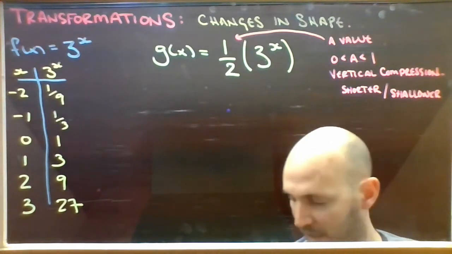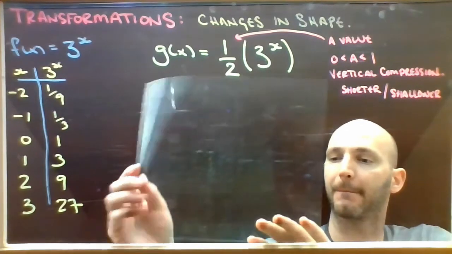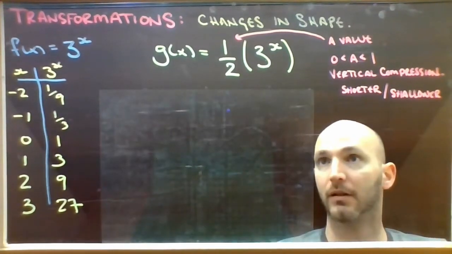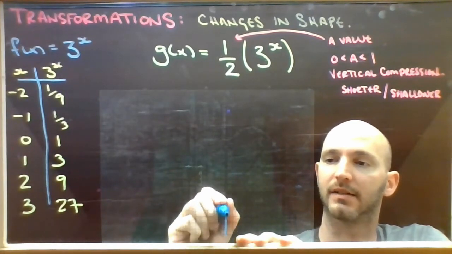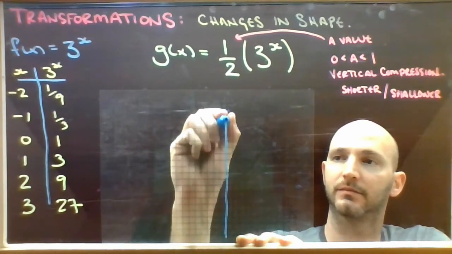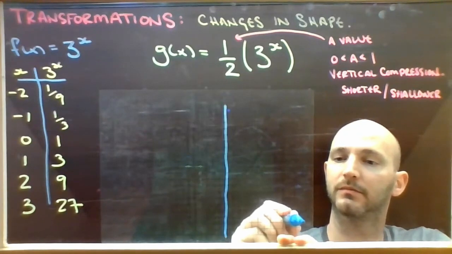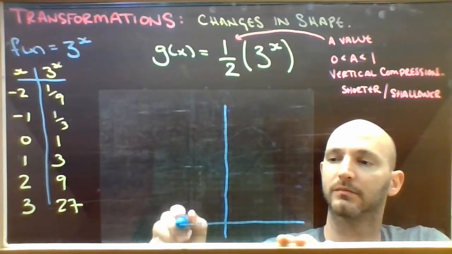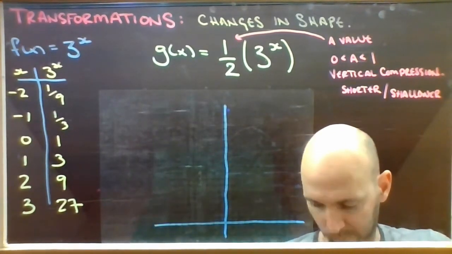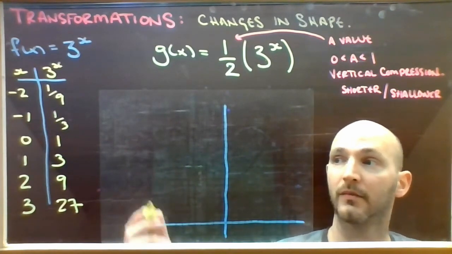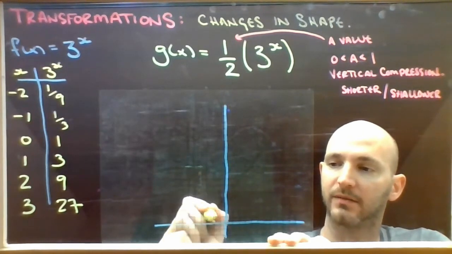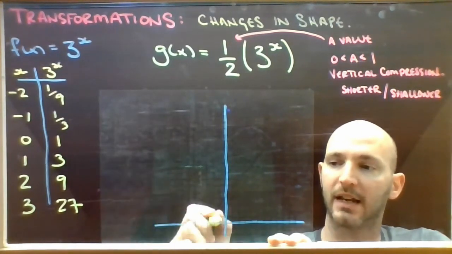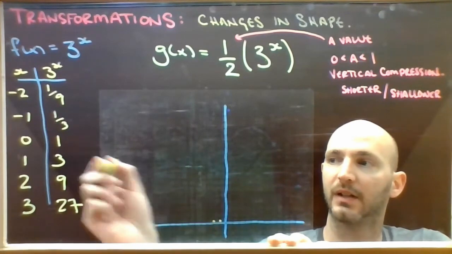So if I were to fetch my untranslated axis on there. At -2, I used to be at 1/9. At -1, I used to be at 1/3.